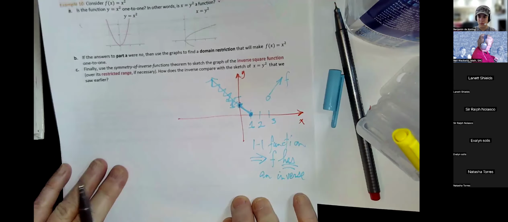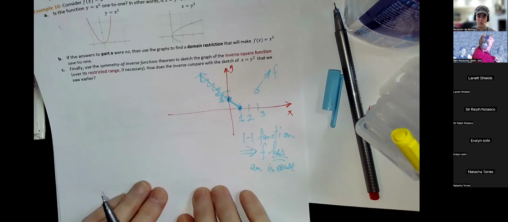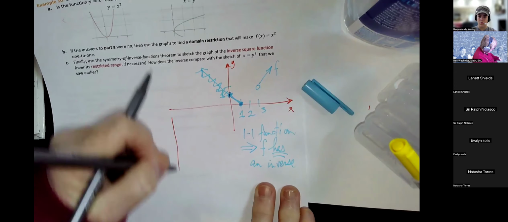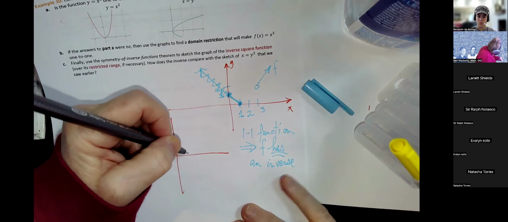And there's a way that we can use the graph of a one-to-one function to sketch its inverse, even if we don't know the name of that inverse. So let's look at this. I want to do a little bit of a prettier picture of f.